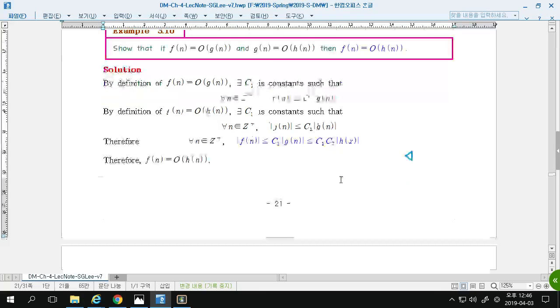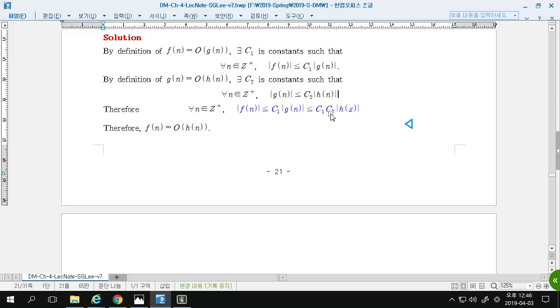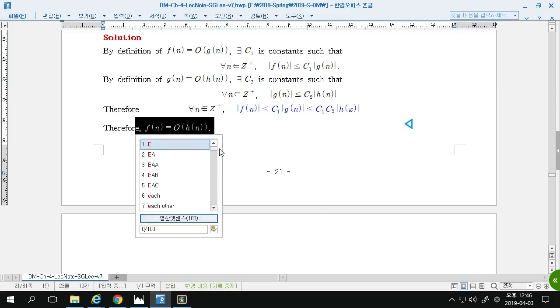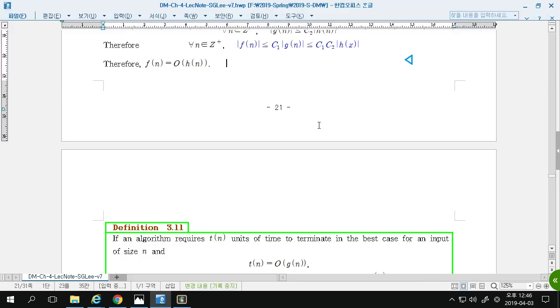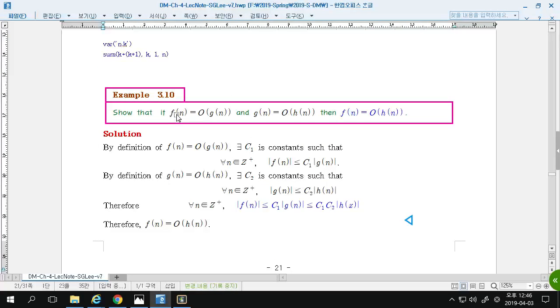If we define this C1 times C2 as C4, then there exists a non-negative constant C4 that satisfies this inequality, which says f of n is big O of h of n, because this is one non-negative constant. So if f of n is big O of g of n and g of n is big O of h of n, then f of n is big O of h of n.